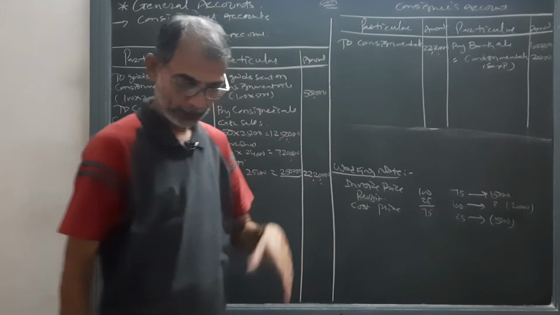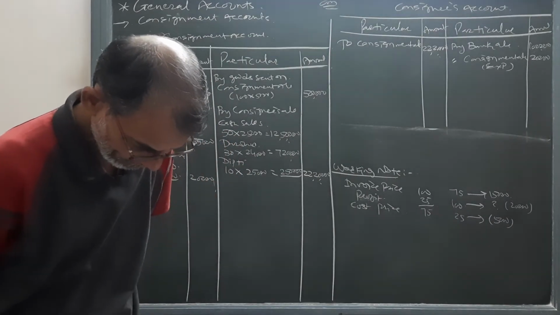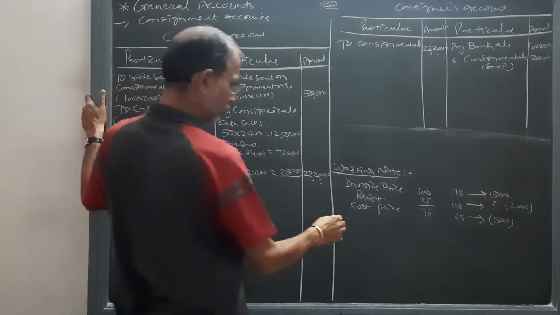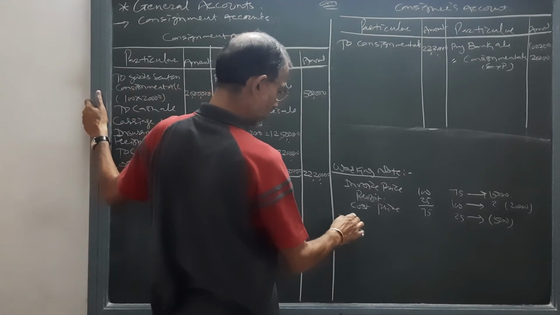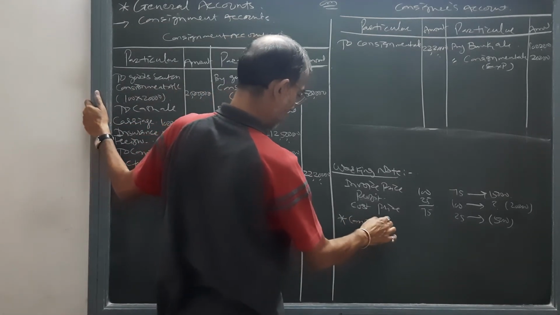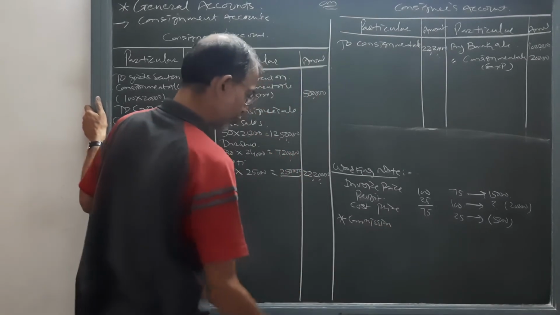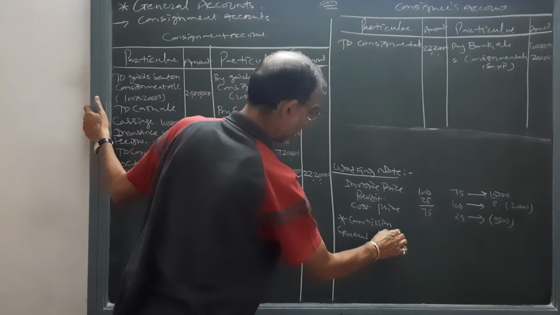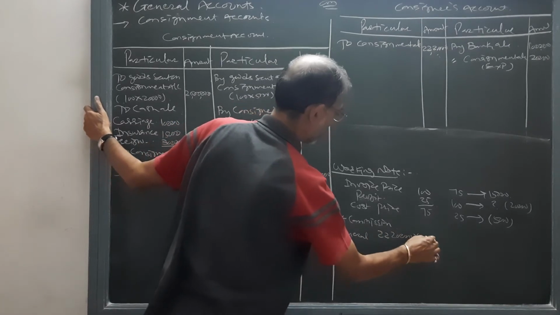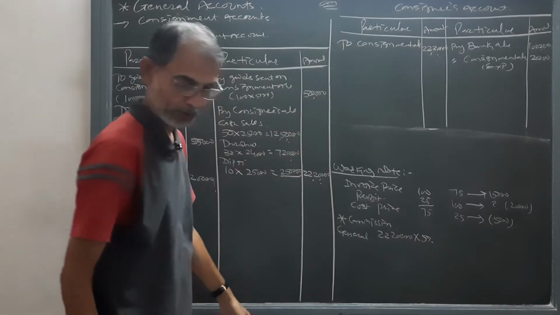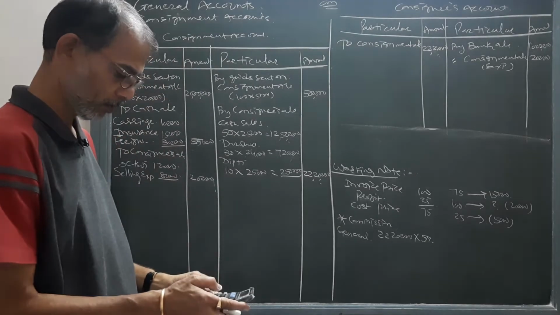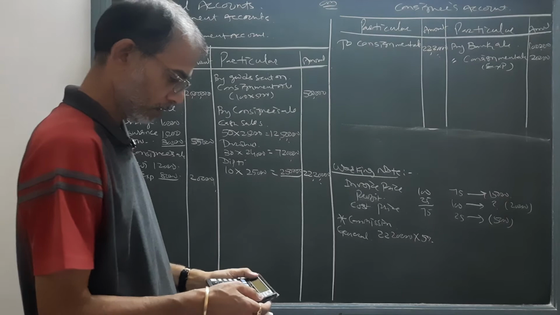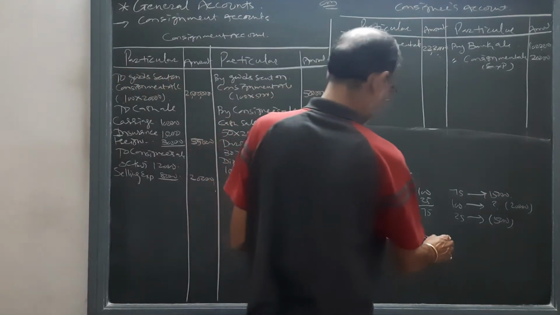Expense incurred by him. Now commission. General commission will be on 22 lakh 20,000, it is 5%. One lakh 11,000.